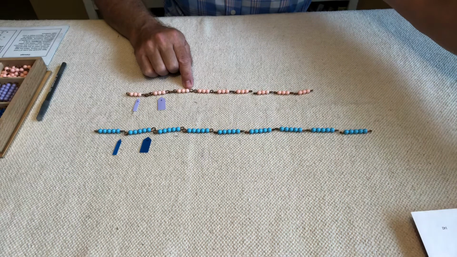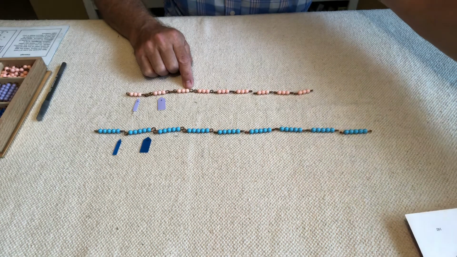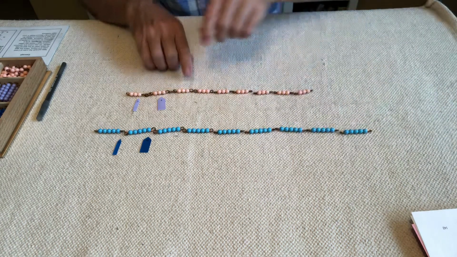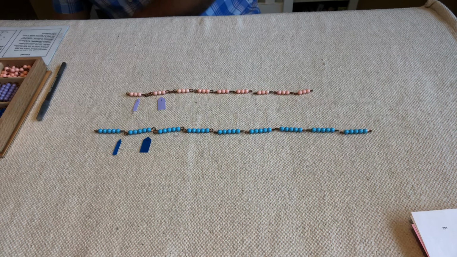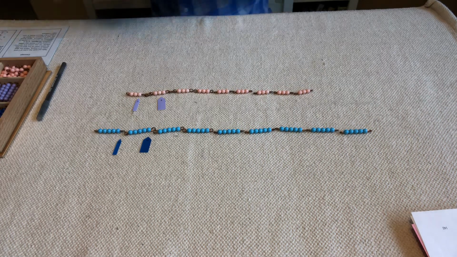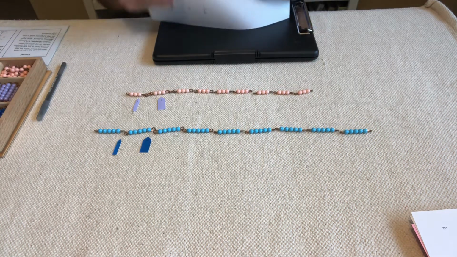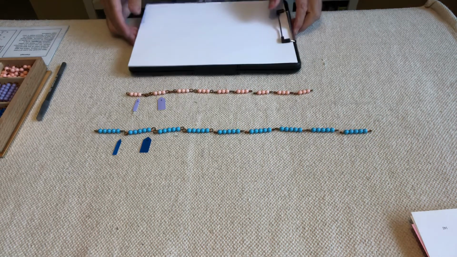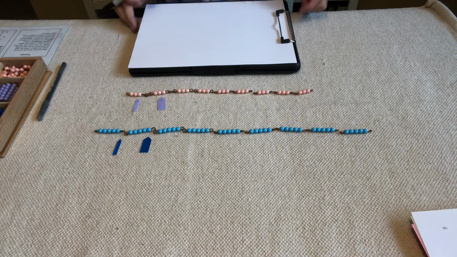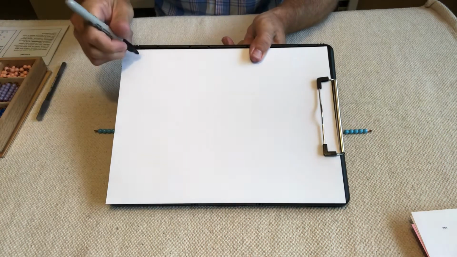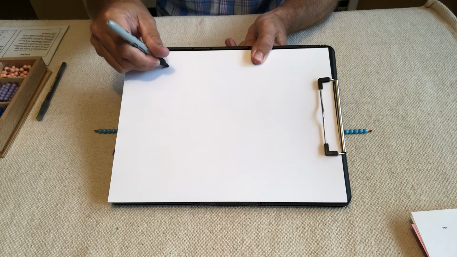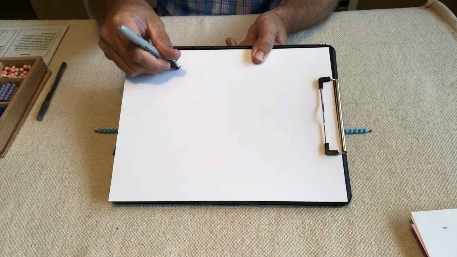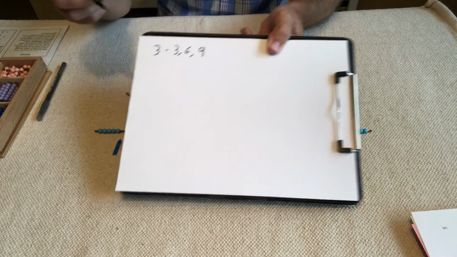Whether you're drawing this or just making a list, you want to keep track of those multiples, and I'm going to write them along with you on a piece of paper. Here's a blank sheet, and I'm going to start with the multiples of 3 and just make a list. So the multiples of 3 are 3, 6, 9, we said.